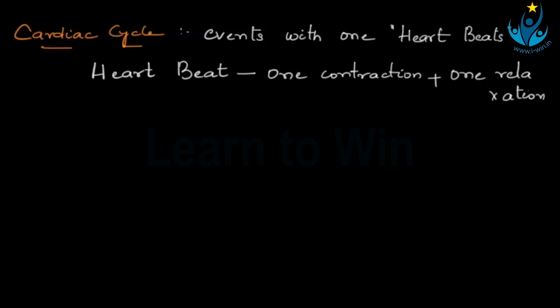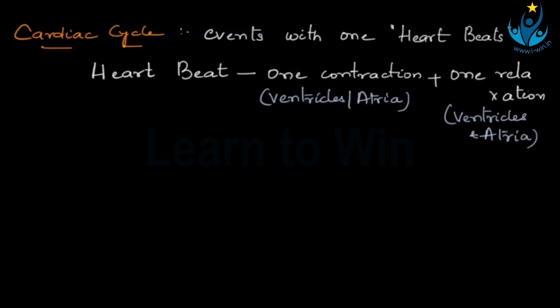One contraction means one contraction of the ventricles and the atria, and relaxation is again one relaxation of the ventricles and atria. So whatever events are associated in creating the contraction of the ventricles and atria and further relaxation of the ventricles and atria all form what is called the cardiac cycle.